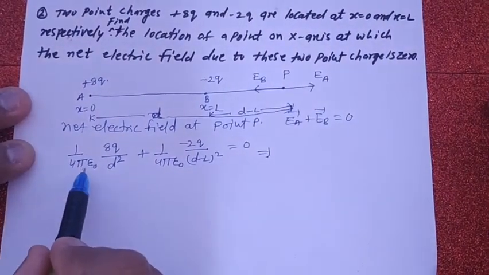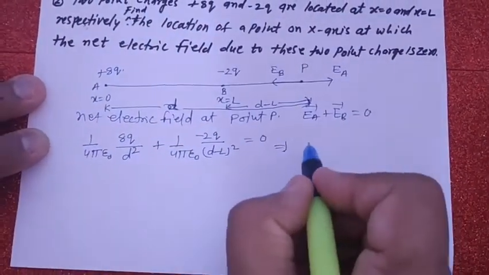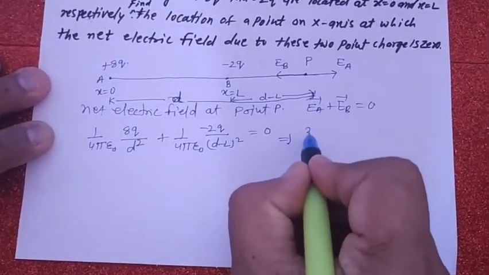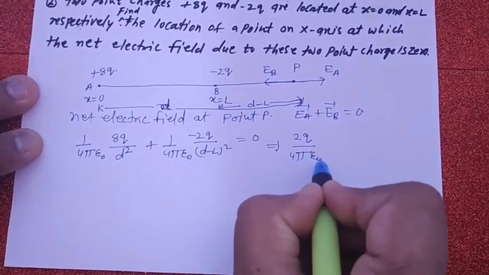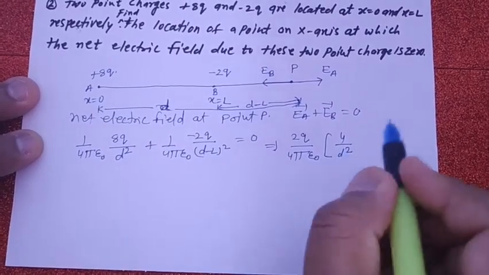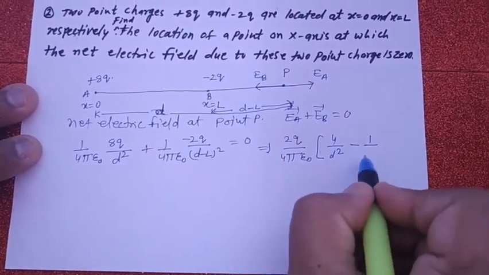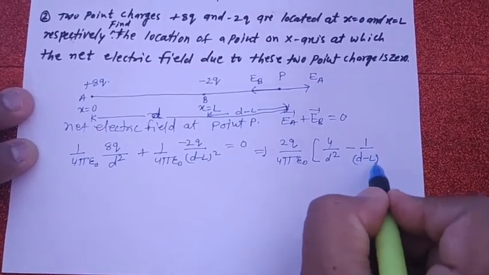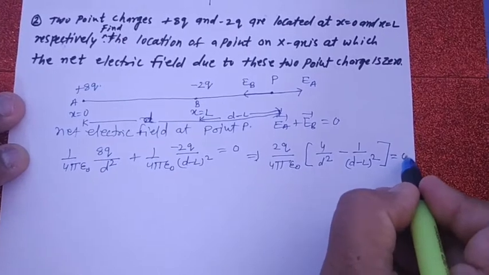1 upon 4 pi epsilon 0 and q are common, so we just take 2q upon 4 pi epsilon 0 times, 4 upon d square minus 1 upon d minus L square equal to 0.